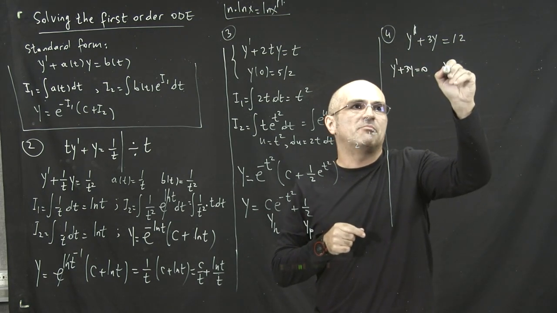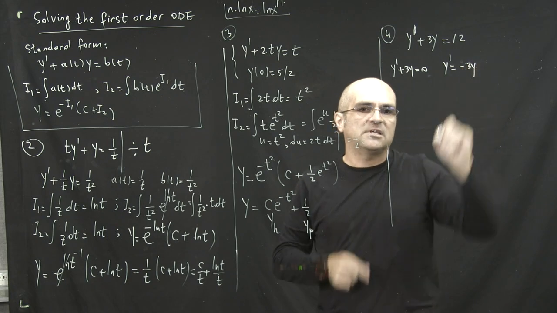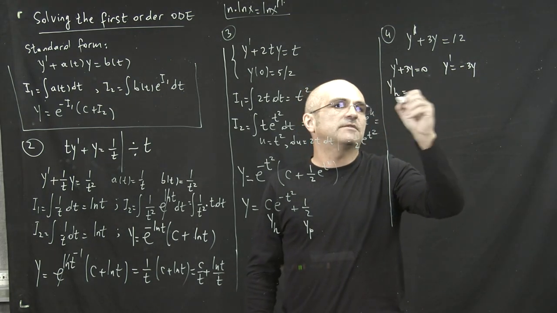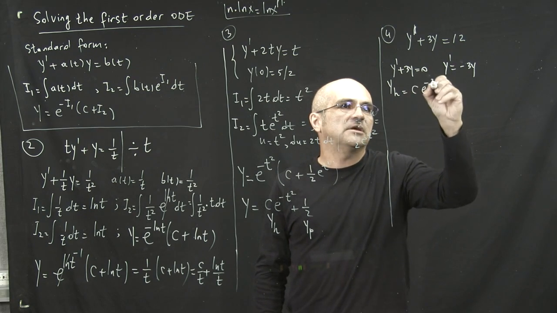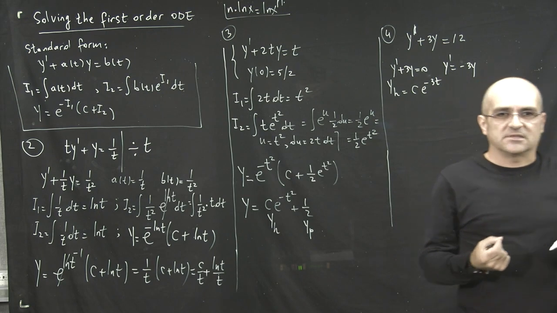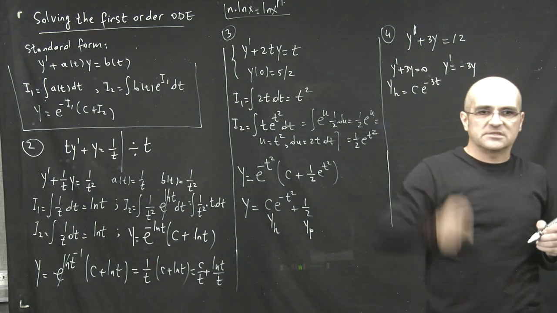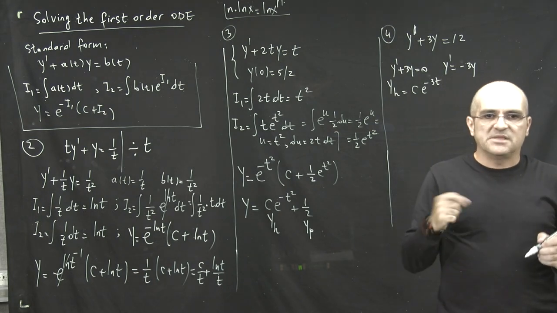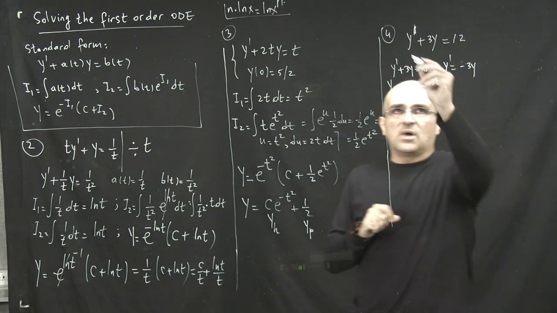It's the one that you should memorize. That's the exponential ODE. So that takes just a second to solve. YH is c e to the minus 3t. And the particular solution is also in the form of a constant. So remember, if you have constant coefficients, it's likely that the ODE admits a constant solution. What is that constant solution?